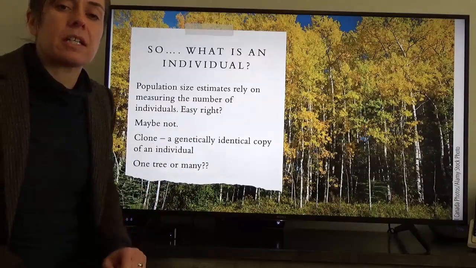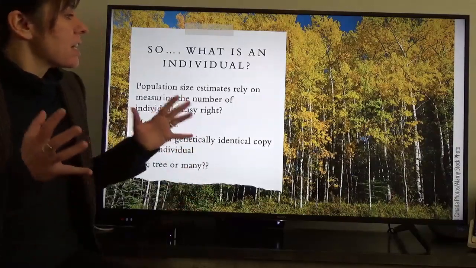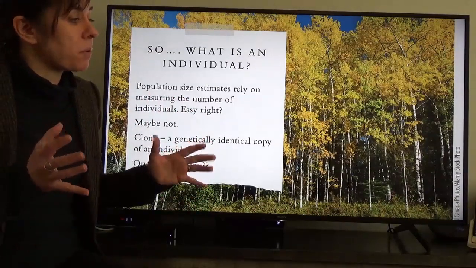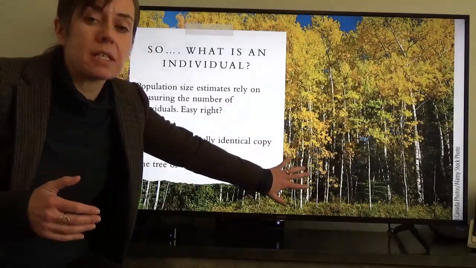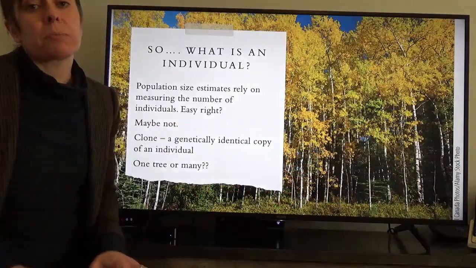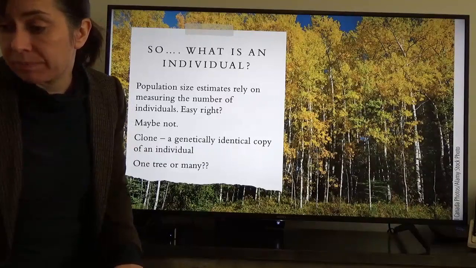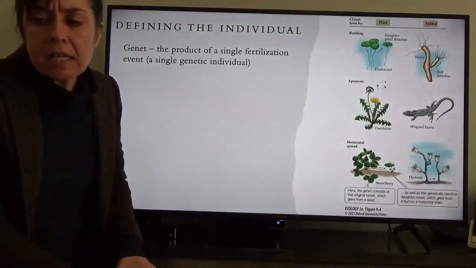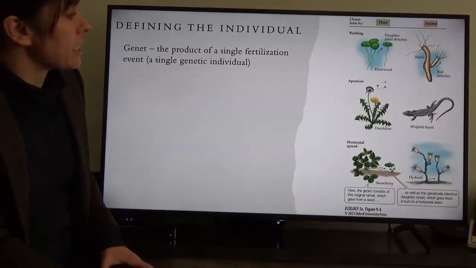They're all genetically identical individuals. And so sometimes when we're thinking about these complicated organisms, the way we define an individual depends on our question. Okay, so then defining the individual.